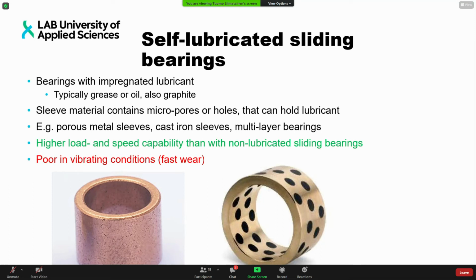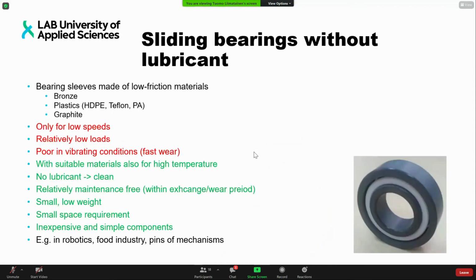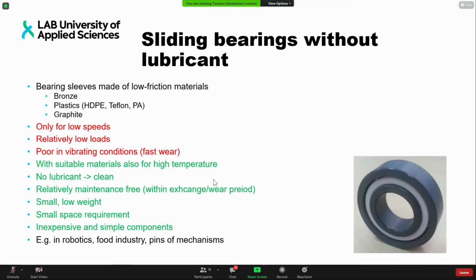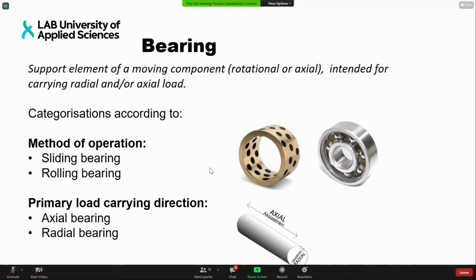So in the most simple manner, as you mentioned, a sliding bearing could only be a sleeve, just a sleeve, that's performing the bearing function to carry the load. So the idea that makes it a bearing is that it will carry the load.